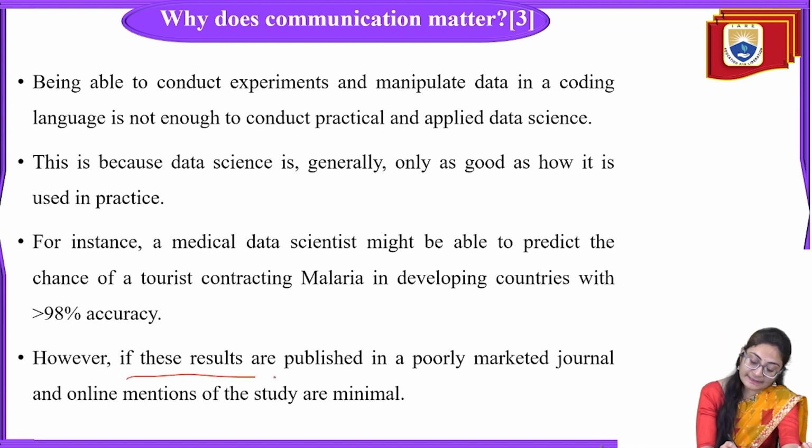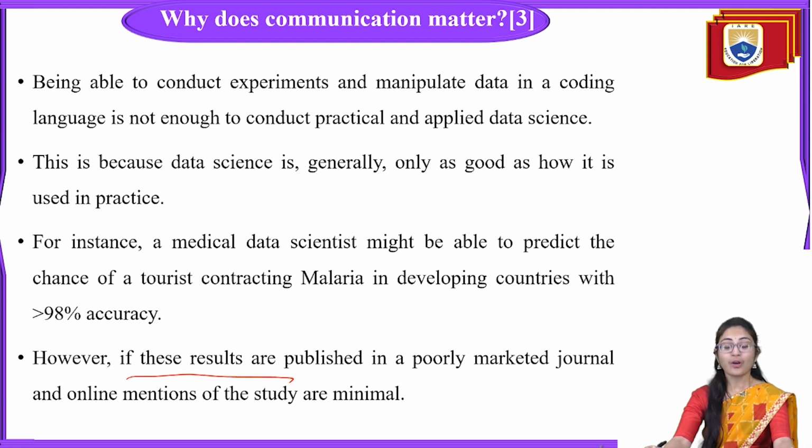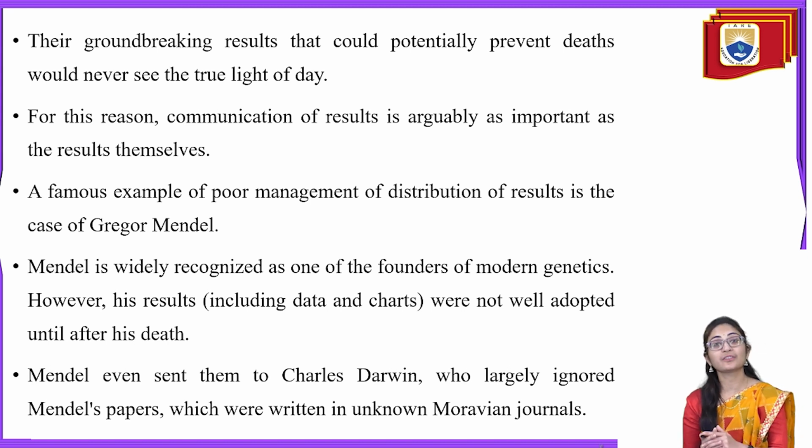However, if these results are published in a poorly marketed journal and online mentions of the study are minimal, their groundbreaking results that could potentially prevent deaths would never see the light of day. For this reason, communication of results is arguably as important as the results themselves.